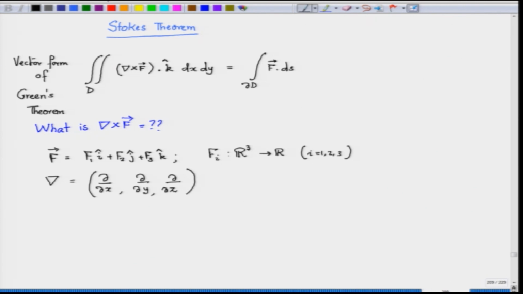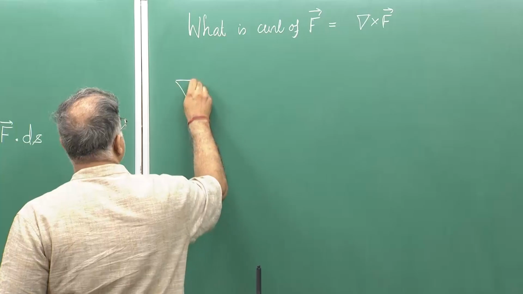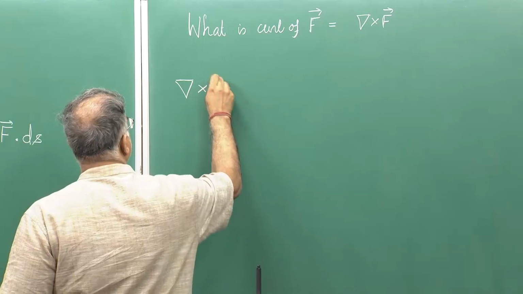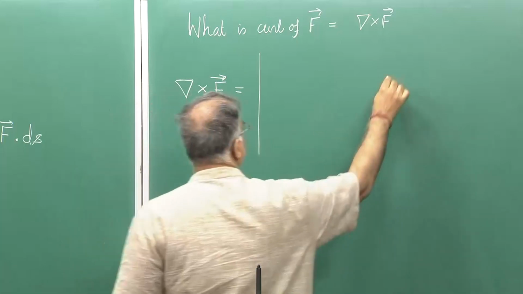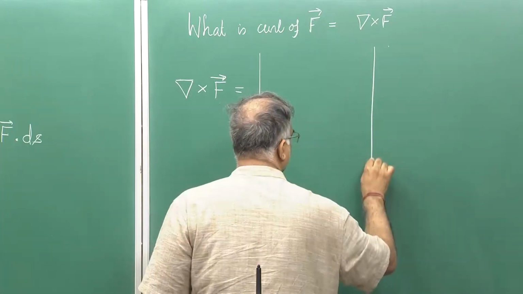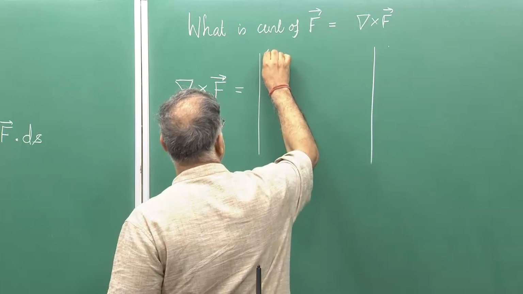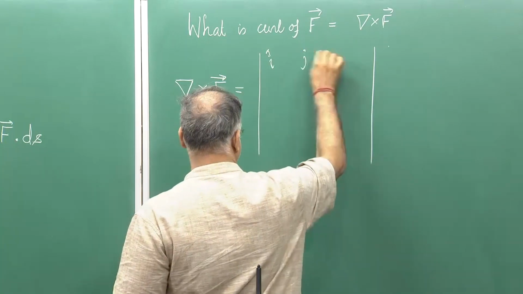Now, how do I define the curl of f? To define the curl of f, I think of this del as if it is a numerical quantity, del x, del y, del z, as if it is a vector in R3, and then the curl of f is written as if we are writing a cross product of these two vectors. When I write a cross product of two vectors, you know how to write it, with i, j, k.